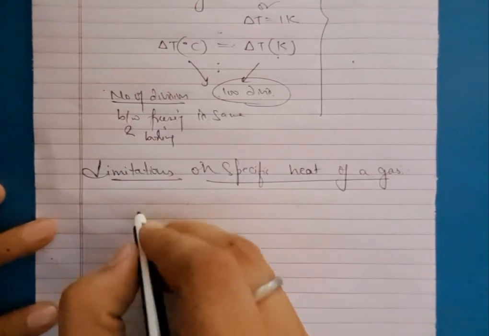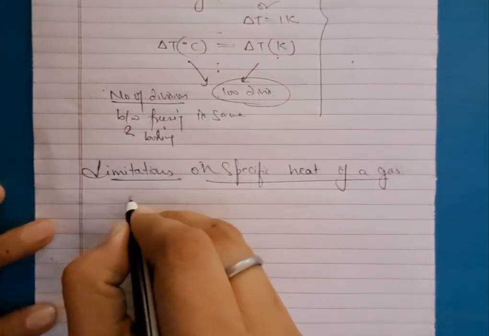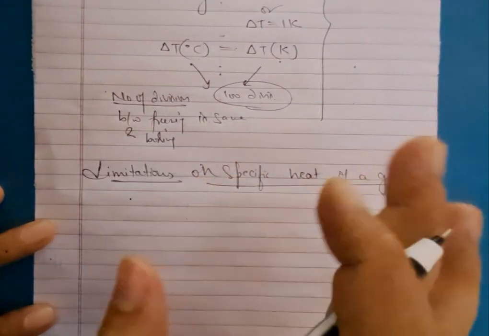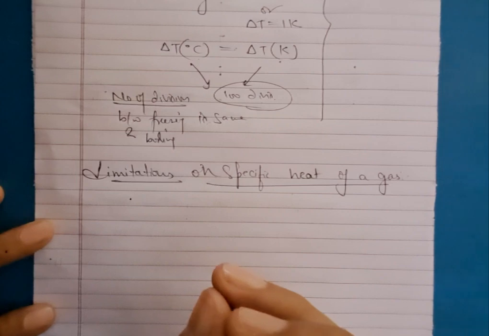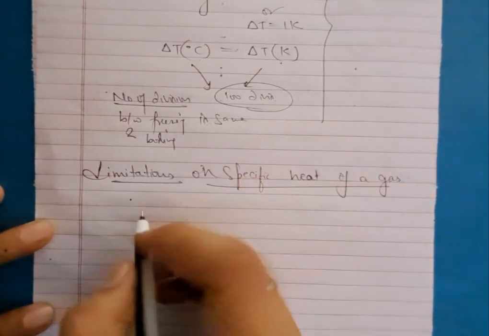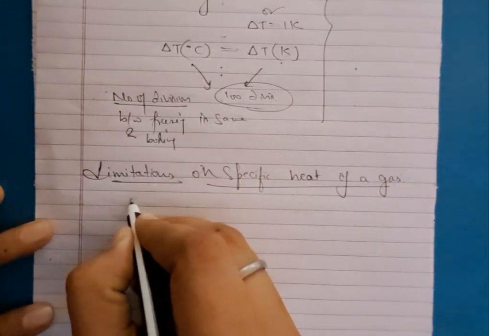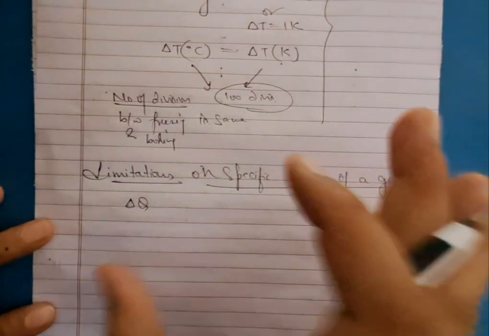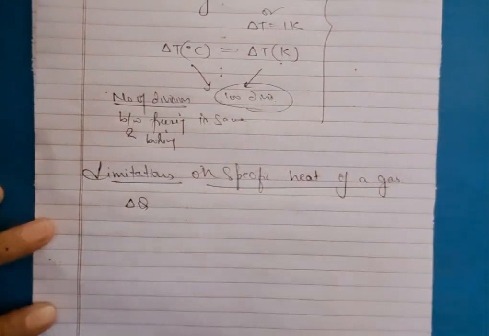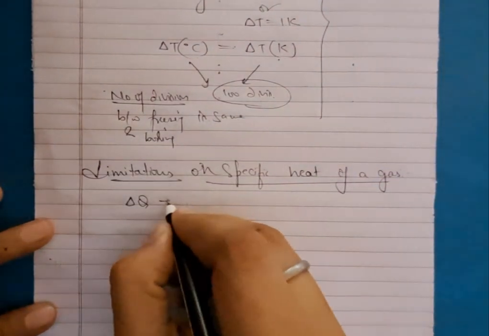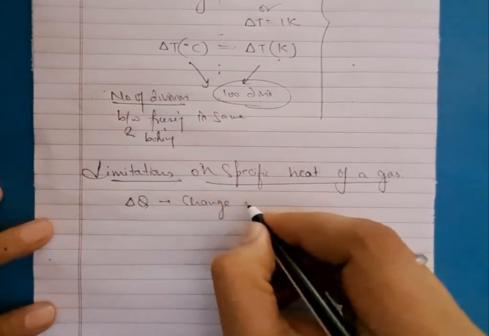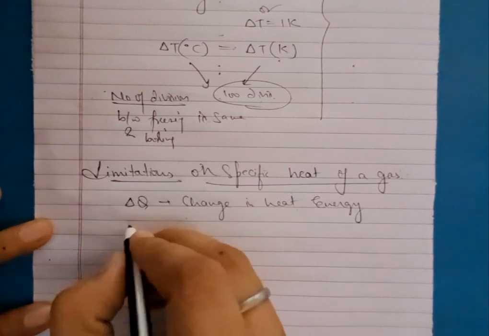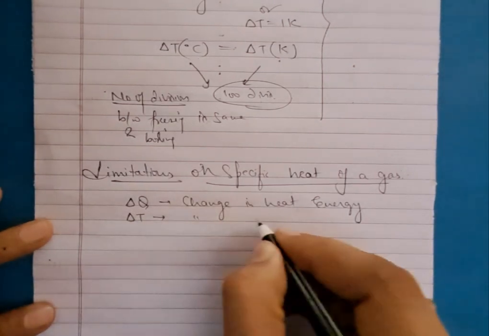For this we have to consider the change Q. As we are heating, for the sake of understanding the concept, we take a small amount of heat change, delta Q. As we give some amount of heat, the overall thermal energy will change, and by this the temperature will change.